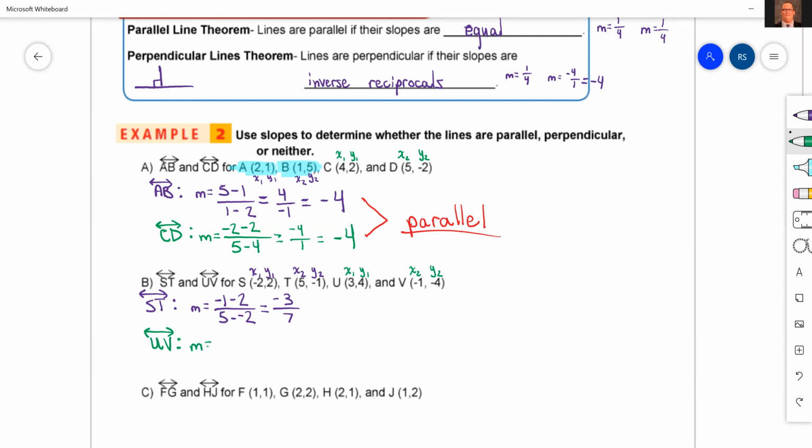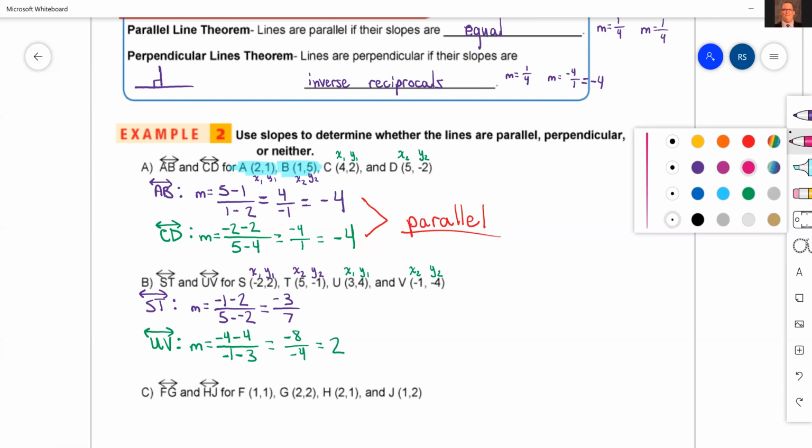So for UV, y2 is -4 minus y1 is 4 over x2 is -1 minus x1 is 3. -4 minus 4 is -8. -1 minus 3 is -4. -8 divided by -4 is 2.